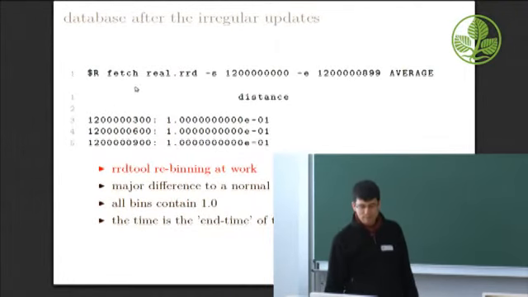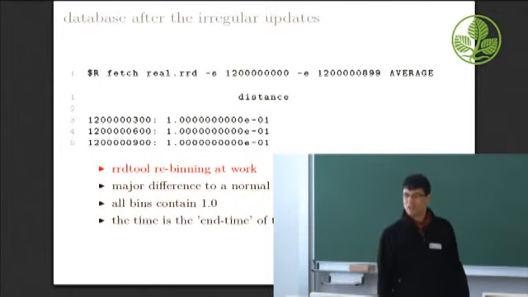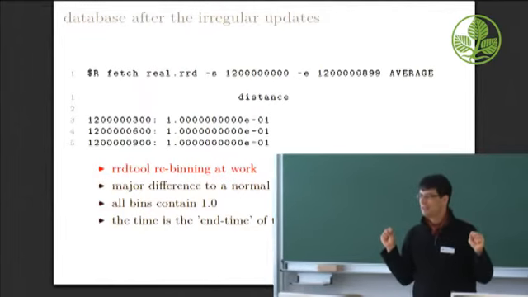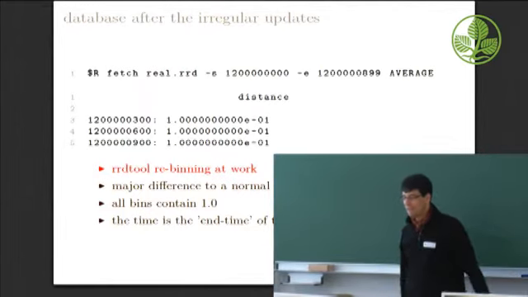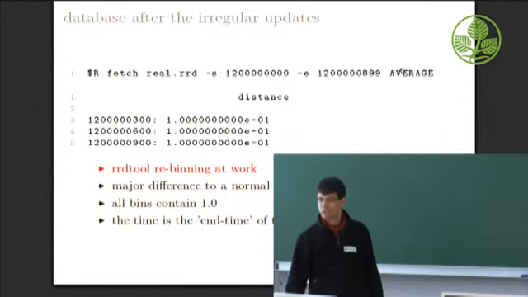So I'm doing all these updates. And then there's a command called RRDtool fetch, which lets me pull data off the round-robin archives and have it displayed. When fetching, I have to tell RRDtool when it should start, when it should stop, and what consolidation function it should use for the fetching.